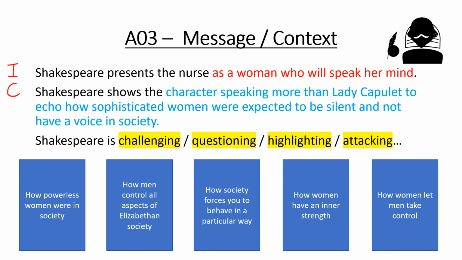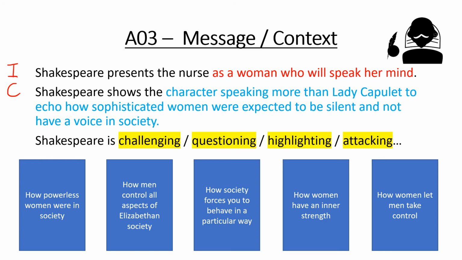Here's also Shakespeare is challenging how men control all aspects of Elizabethan society. If we look at this story, Lady Capulet is silent, and that's because her husband wants her to be silent. He instructs her to do things, but she doesn't do things off her own back.